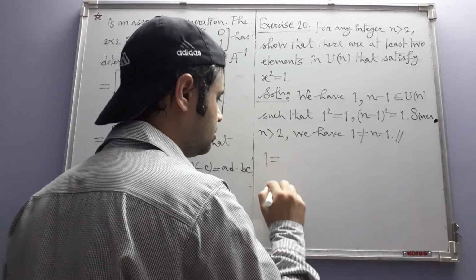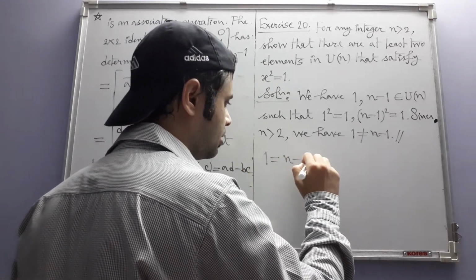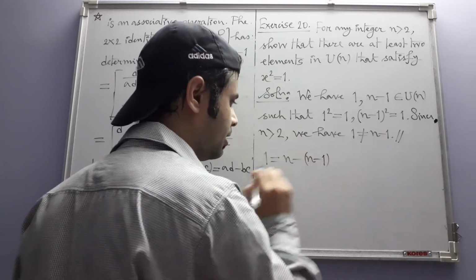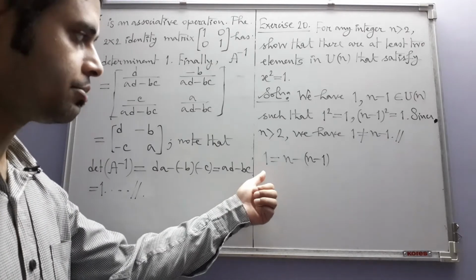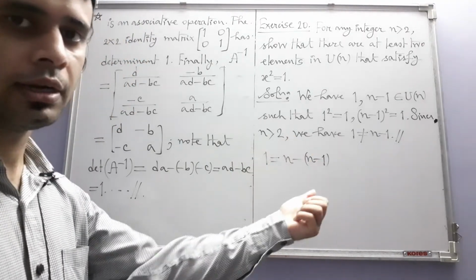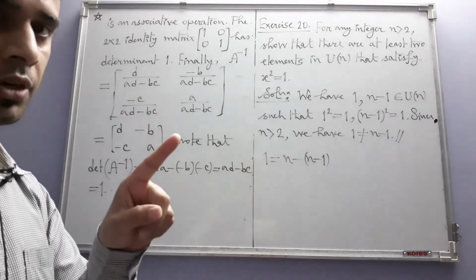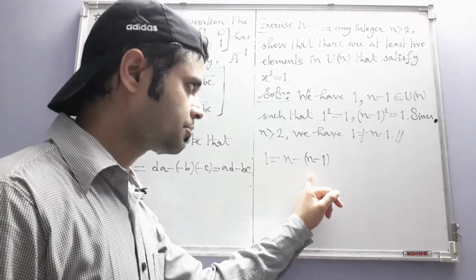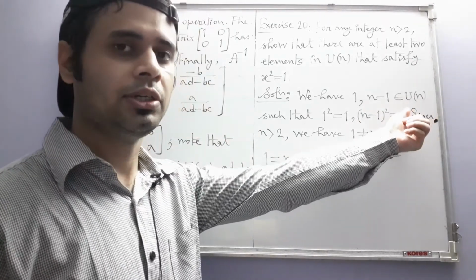Because you see, you can express 1 as a linear combination of n and n minus 1 with integer coefficients. That's why 1 is the GCD of n and n minus 1, and that's why n and n minus 1 are relatively prime. And since n minus 1 is less than n, n minus 1 is actually an element in Un.